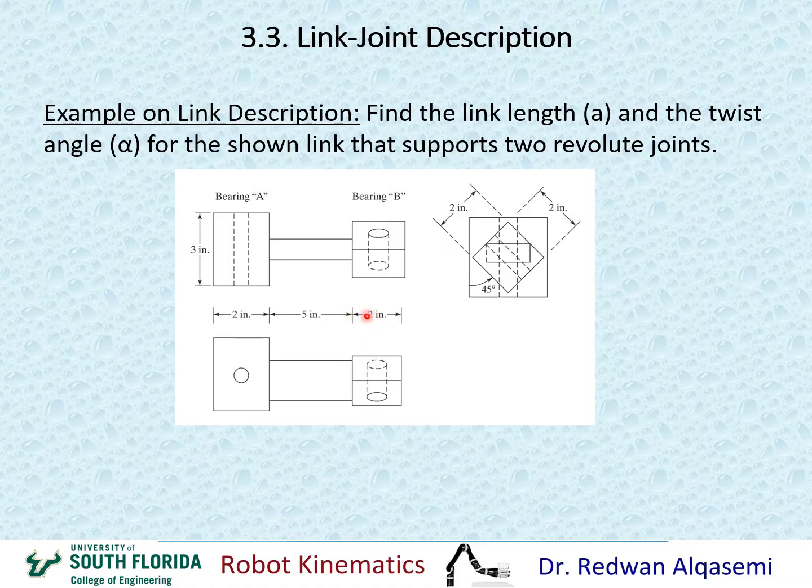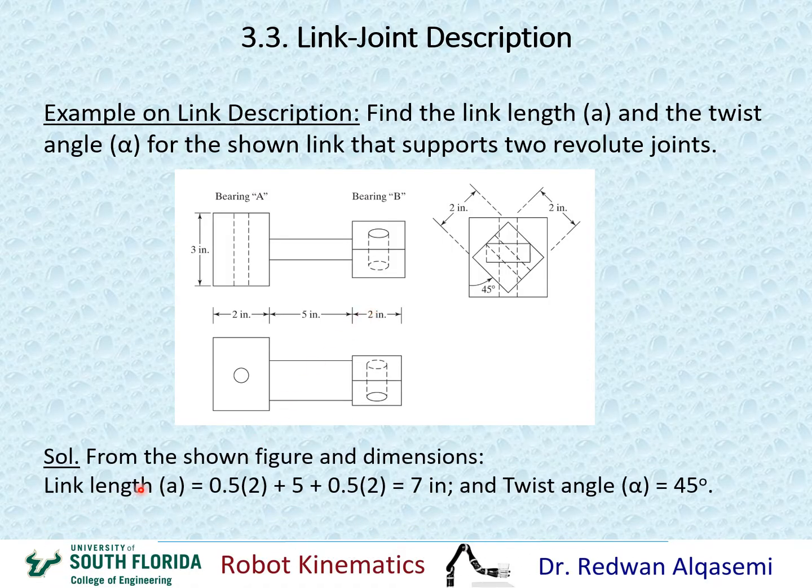So 1 plus 5 makes 6, plus 1 makes 7. So for the link length: half of 2, plus 5, plus half of the other 2, gives me 7 inches.